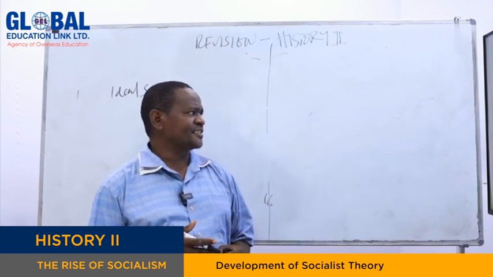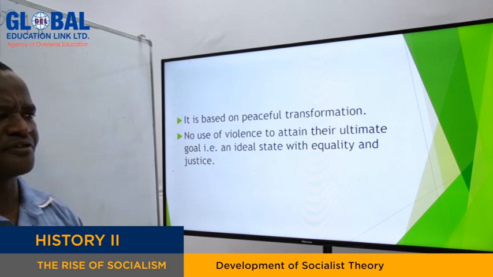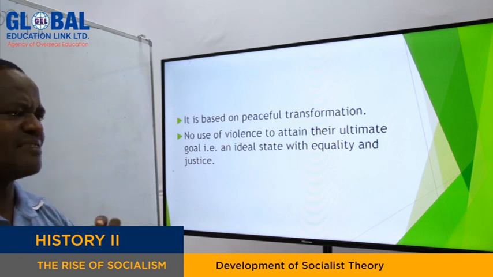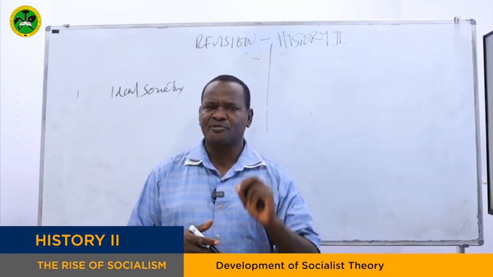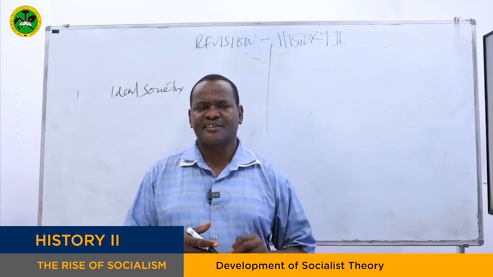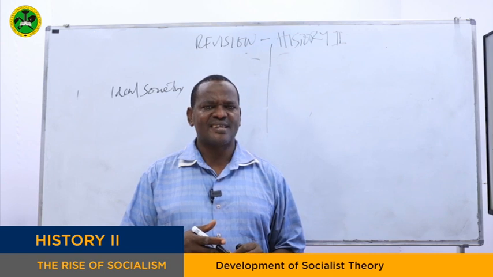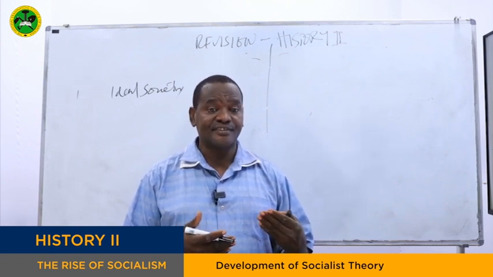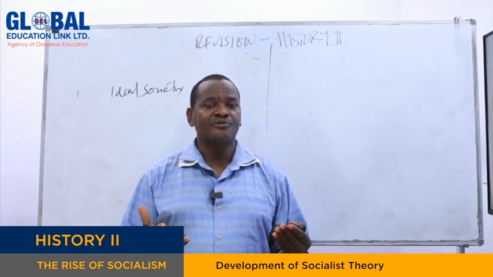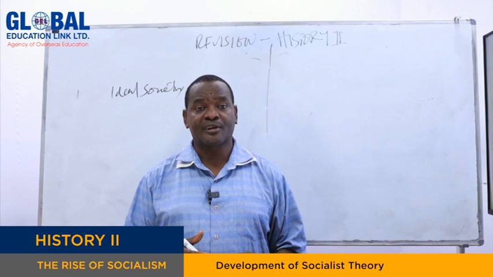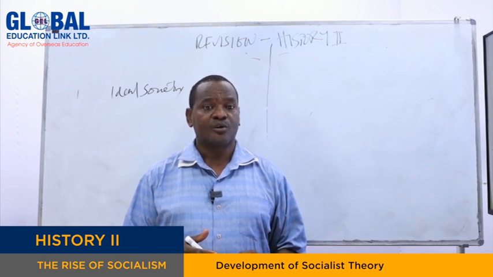The third characteristic is that it was based on peaceful transformation, as I've said. They never believed in class struggle. They never believed in violent revolution, as we are going to see in scientific socialism. They believed that the capitalists and the workers can sit together and talk, and through reasoning the capitalists will agree to give workers what they want.